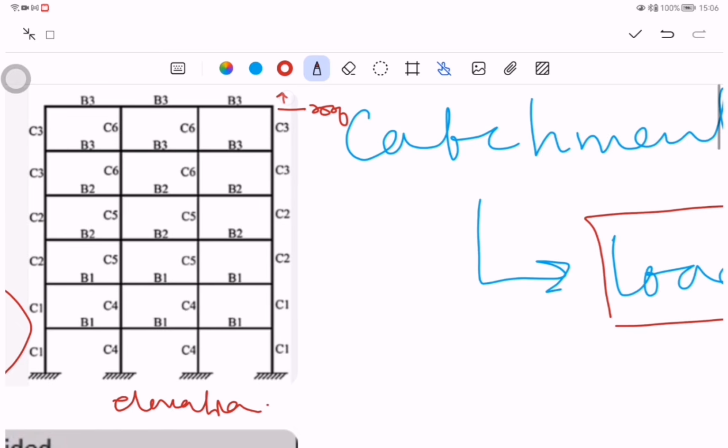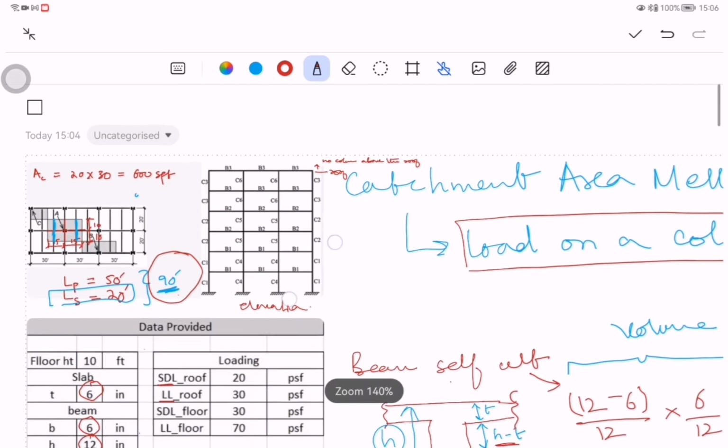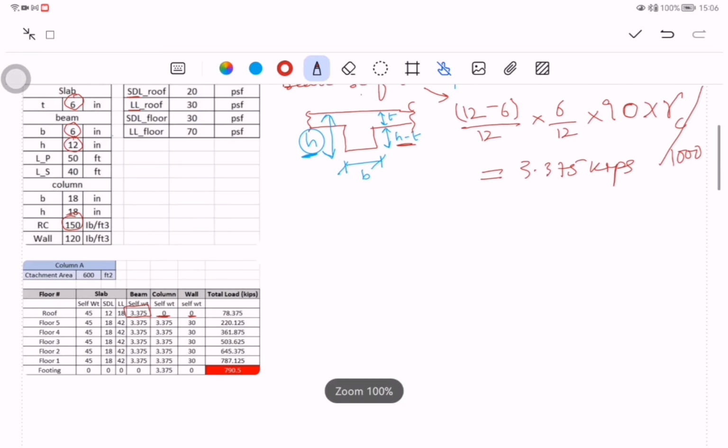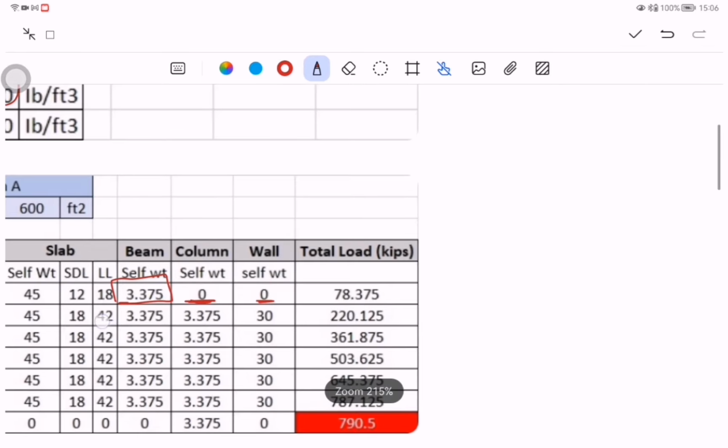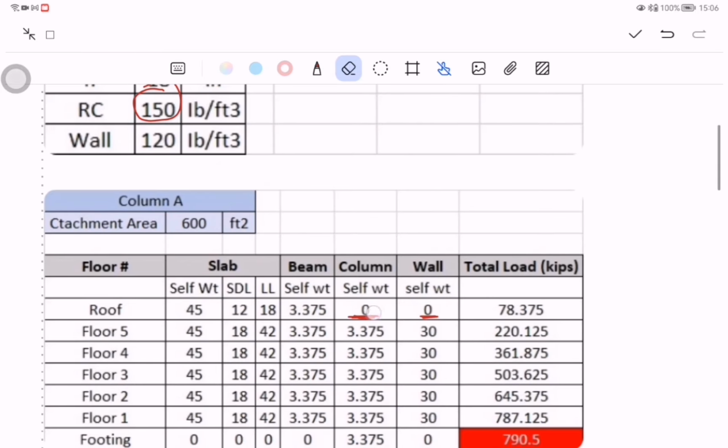So there will be no self weight of the column. After doing all of this, we have calculated everything about the load being transferred from the catchment to the column at roof level. We add all of these loads and bingo, this is the answer, right?